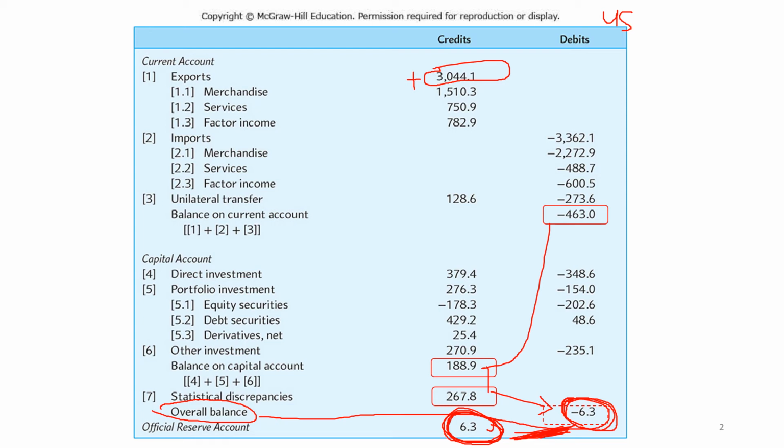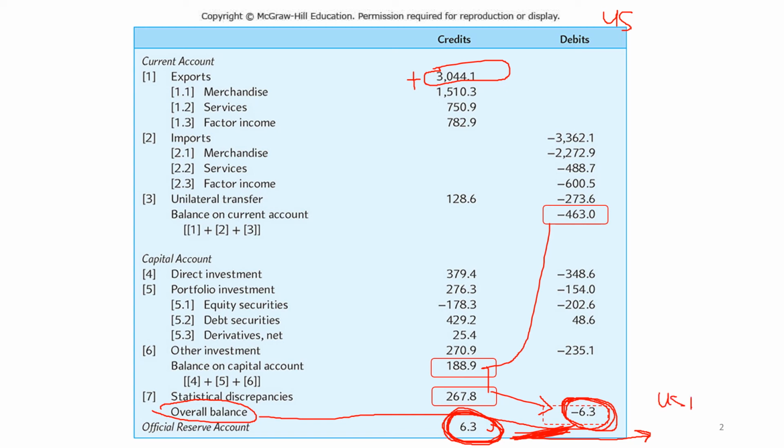When you want to have a cash inflow into the economy, what the central bank can do is sell their foreign reserve. As they sell their foreign reserve, they get their domestic currency back, right?